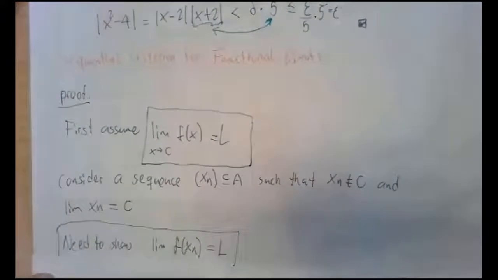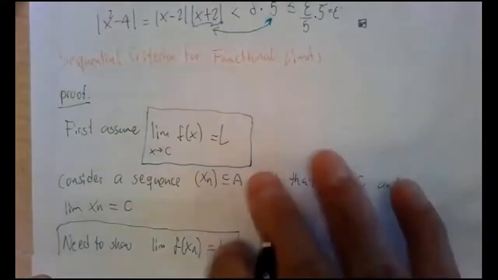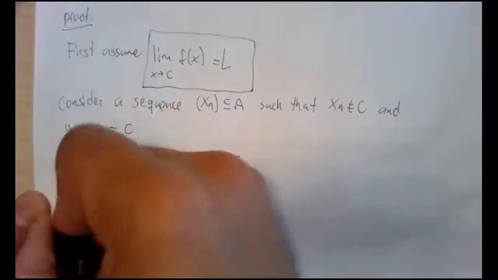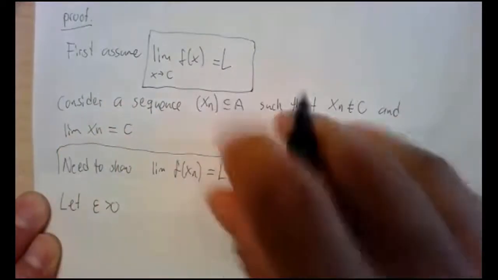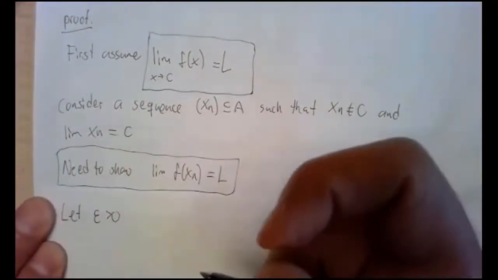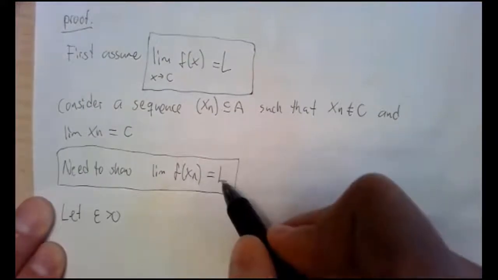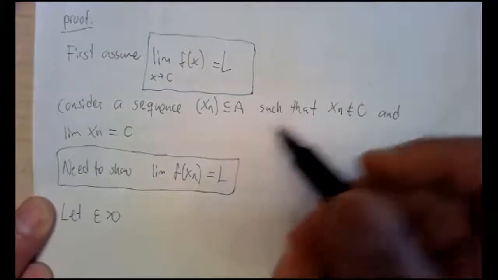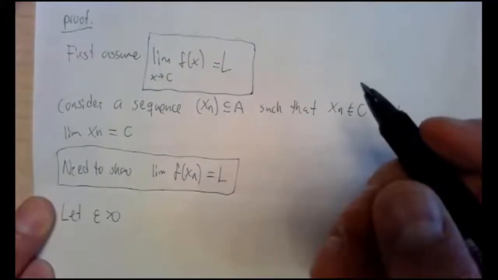I have to use this at some point, right? Okay, so let's pick an epsilon. Let epsilon be greater than 0. And I need to show that this and L are closer than epsilon, right?